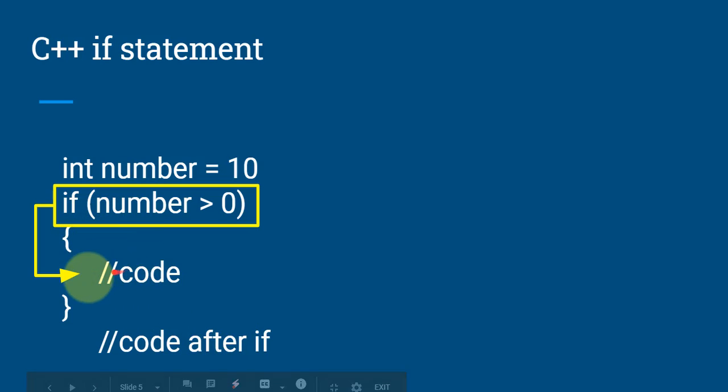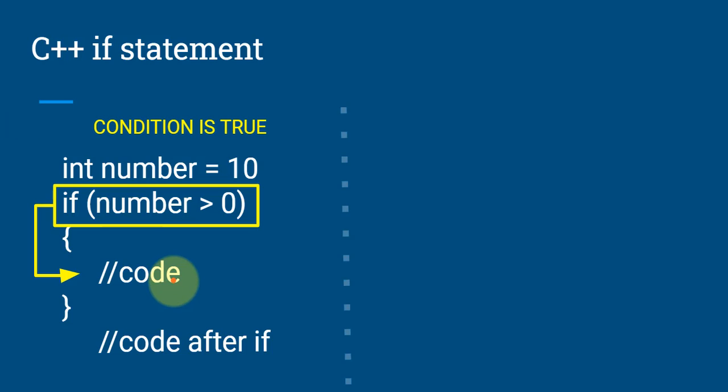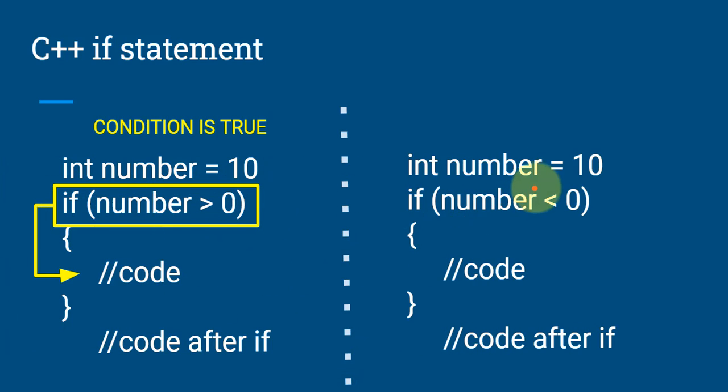It will read whatever code you have written here. This is what we call the condition being true. If number is greater than 0, obviously the value of our number is 10, so our condition is true.